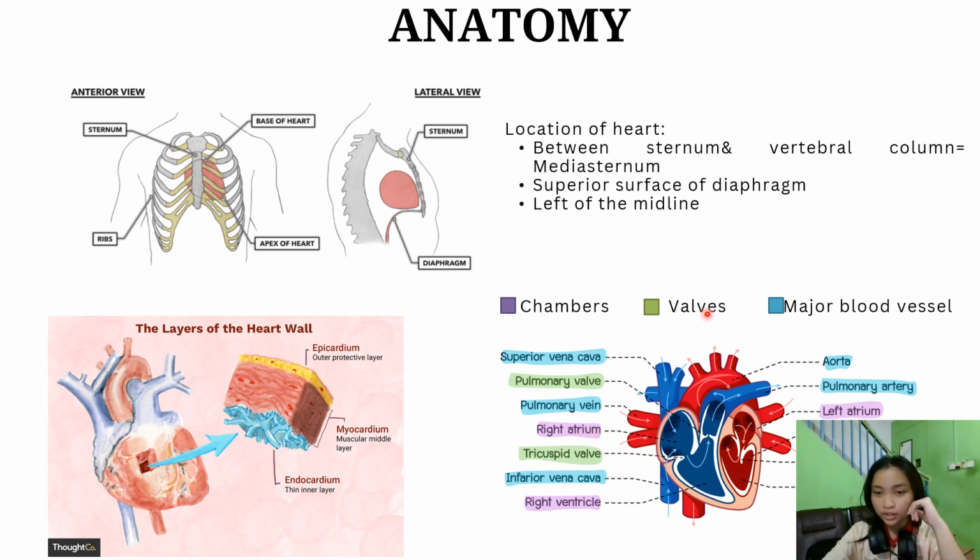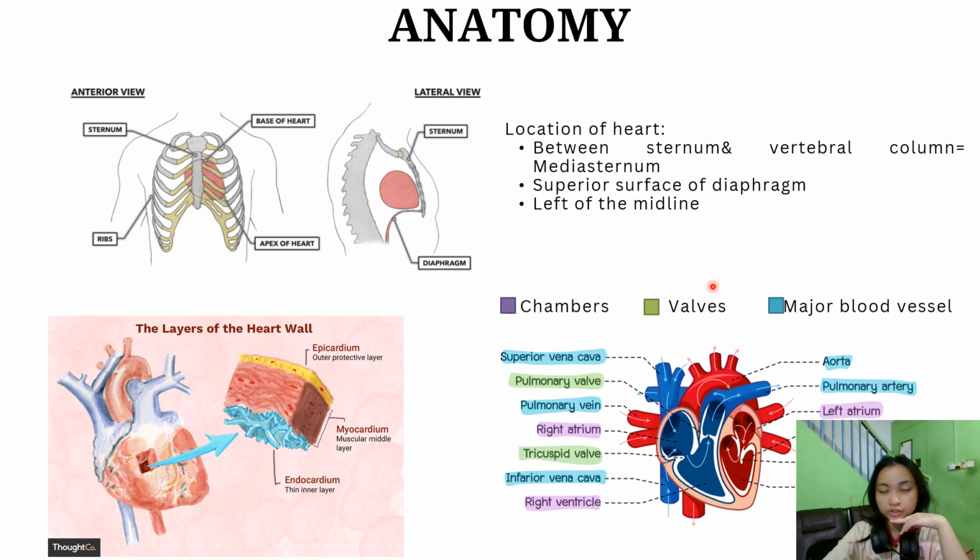And we can see that the heart has four valves, namely the pulmonary valve right here, tricuspid valve, bicuspid valve, and the aortic valve. Also, the heart has four major blood vessels, which are the superior vena cava, inferior vena cava, aorta, and the pulmonary trunk. So I think that is all for the anatomy of the heart.